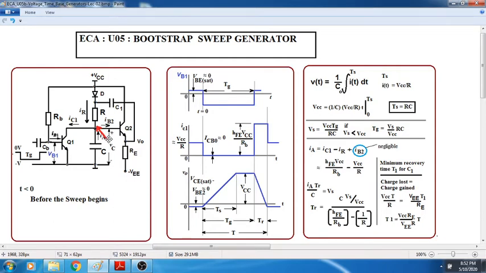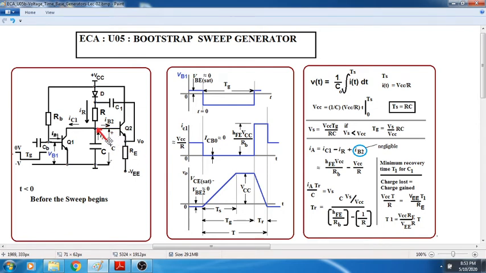So we have understood in the previous lecture that by taking the voltage across the capacitor and giving it to an emitter follower, or a common collector, or a buffer transistor, the input impedance is very high and the output is isolated from the input because of that.